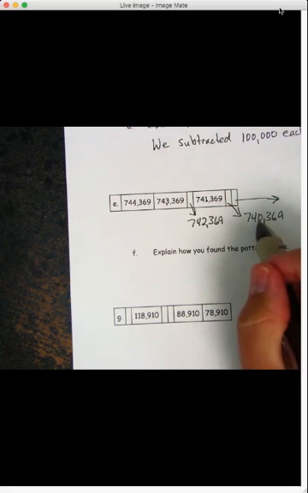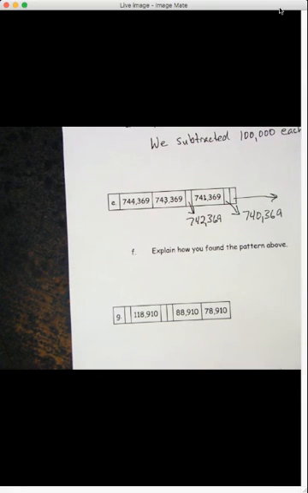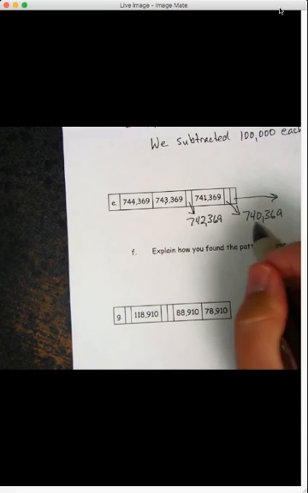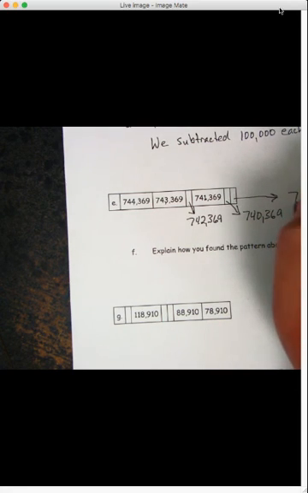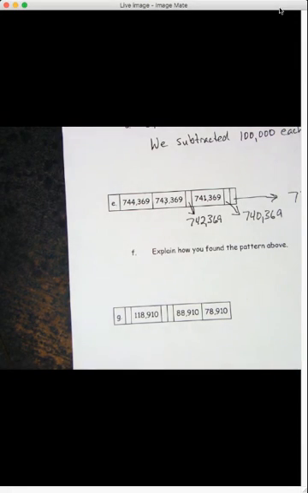Oh, what's 1,000 less than 40,000? Or think about it this way, what's 1 less than 40? It's 39, isn't it? So 1,000 less than 40,000 is 39,000. So this answer would be 739,369.